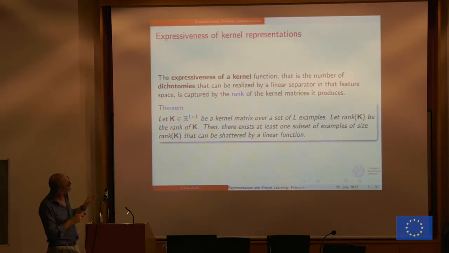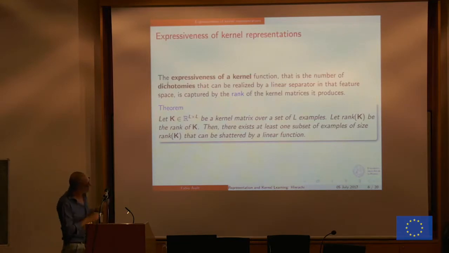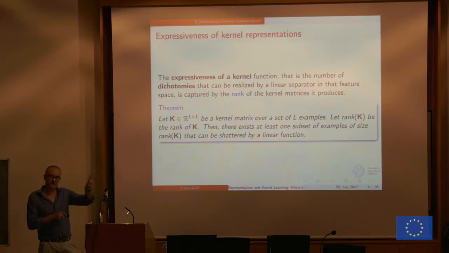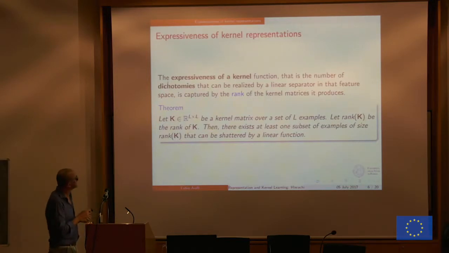Basically, the expressiveness of a kernel can be thought of as the number of dichotomies that can be realized by a linear separator when you use this kind of representation. And it's possible to see that the rank of the matrices that are computed using this kernel is related to this quantity.